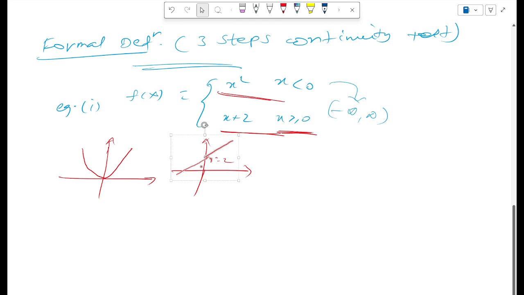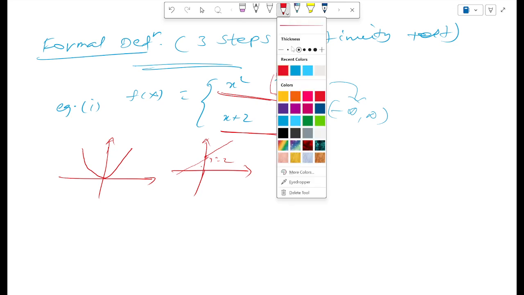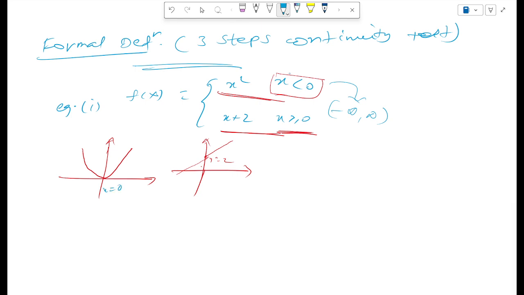Now what this piecewise function says is that for x less than 0, we have to take this graph. This is x equal to 0. For the left side, we take this part of the graph, and for the right side, x greater than or equal to 0, we take this part.